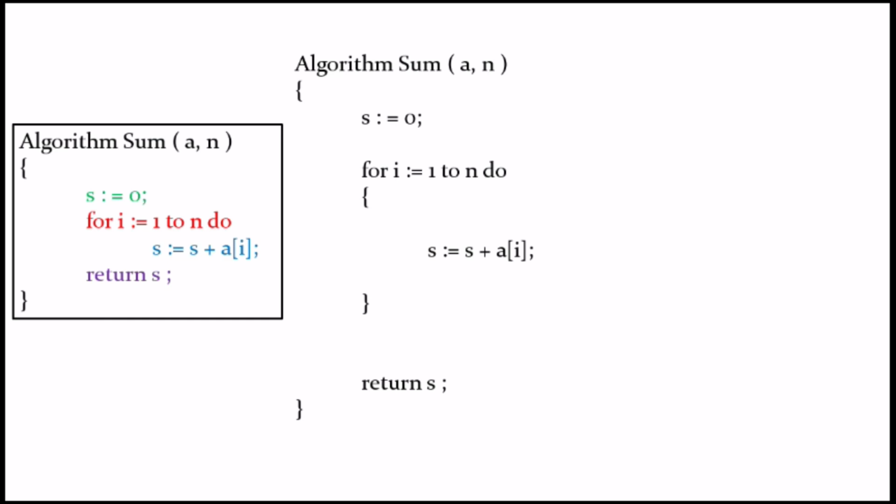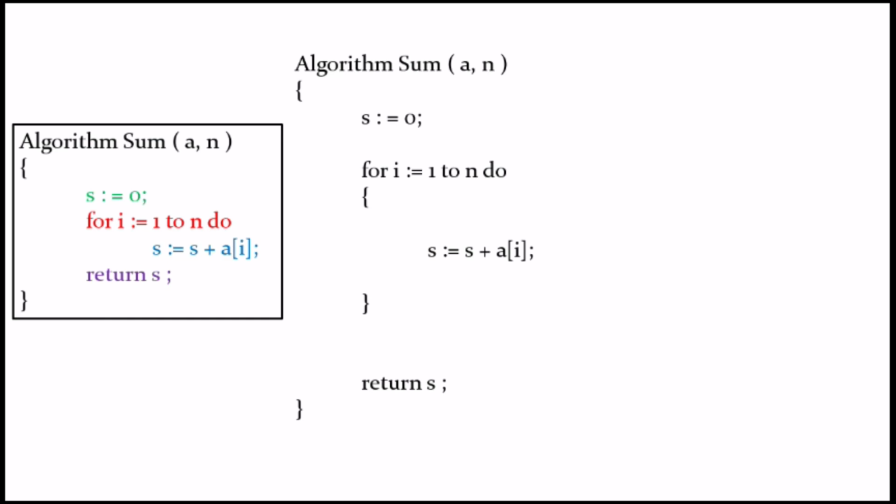For the first step, that is algorithm sum, this is just the algorithm name, so this will not be executed, just a normal instruction, so this will not be counted in the time complexity. Even the second, that is the opening flower bracket of the algorithm, will not be counted. The next statement is s equal to 0.